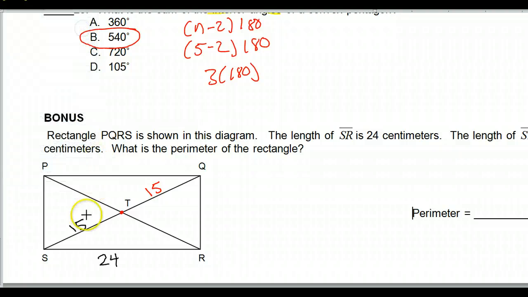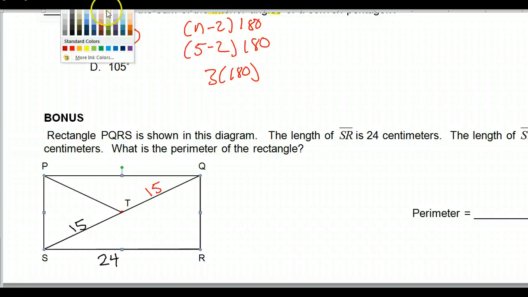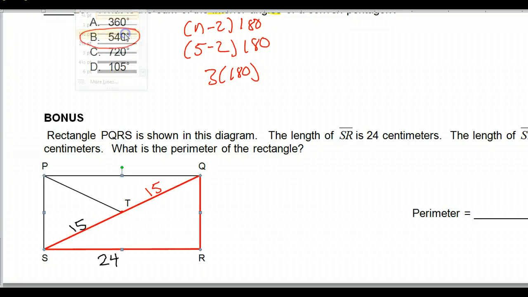This is the triangle I want you to focus your eyes on, the one that goes from here to here, down to here. Let's make it red so you can really see it well.